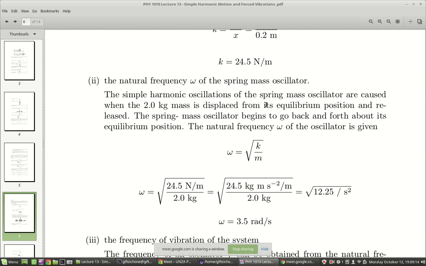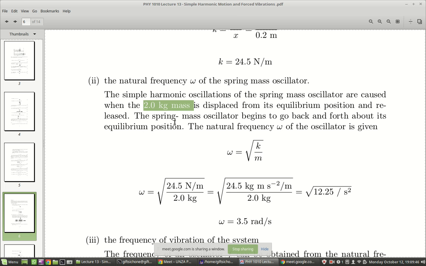So we work out omega: omega is equal to the square root of 24.5 divided by 2 kg, and we get omega equal to 3.5 radians per second.